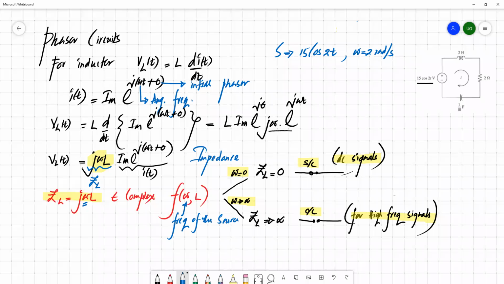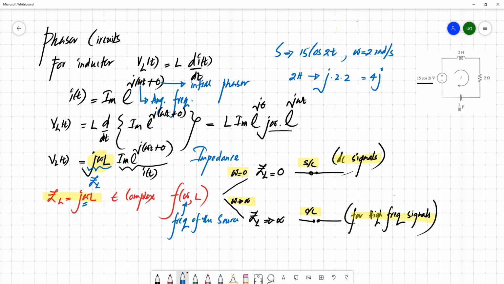So this 2 Henry inductor can be replaced with j times omega, which is 2, times L, which is 2, so 4j. The impedance of the inductor for this particular source is 4j ohm. This is the way we can replace the inductor using its impedance.